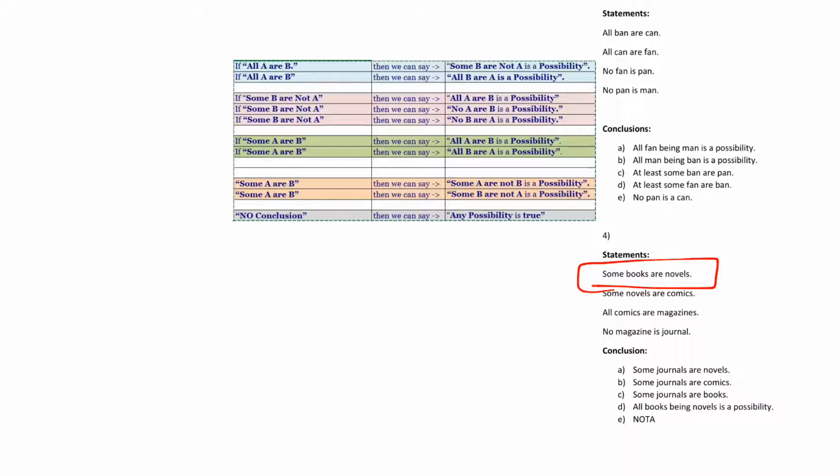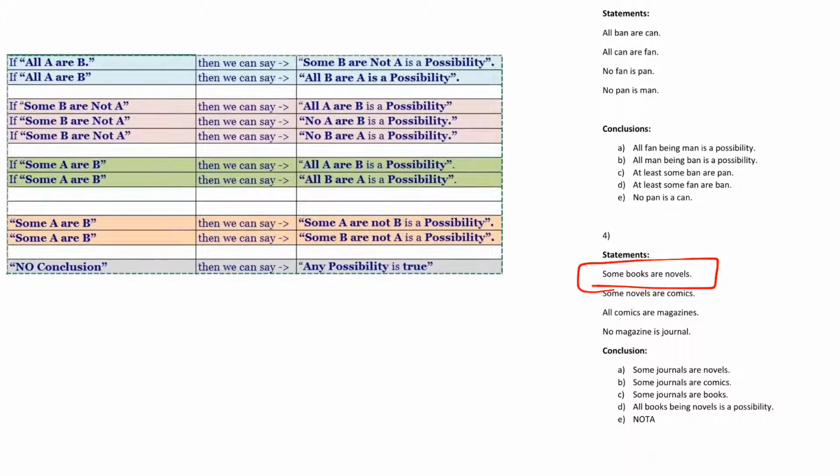All books being novels is a possibility. So directly from one statement, I think you have to conclude. Because all books being novels is a possibility, any other combination is not there. Yes, correct. So we will again bring our chart so you get clarity on using it.